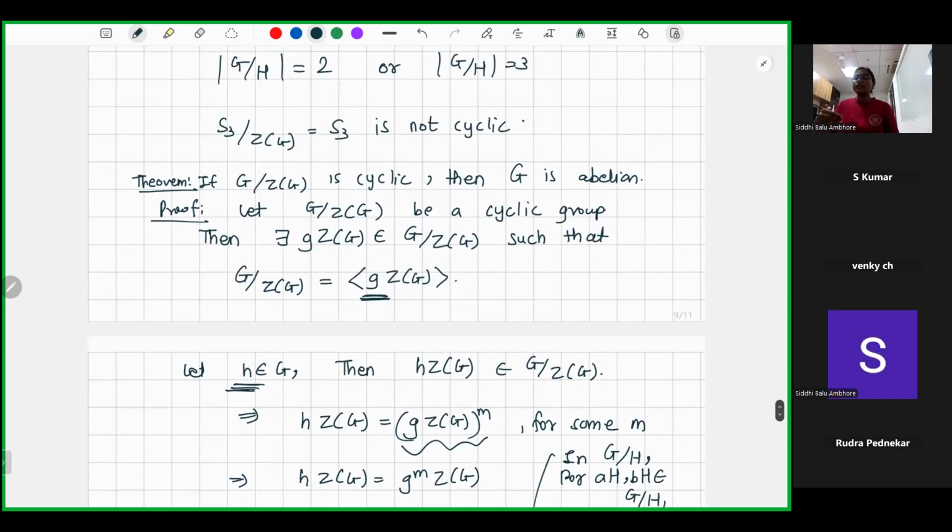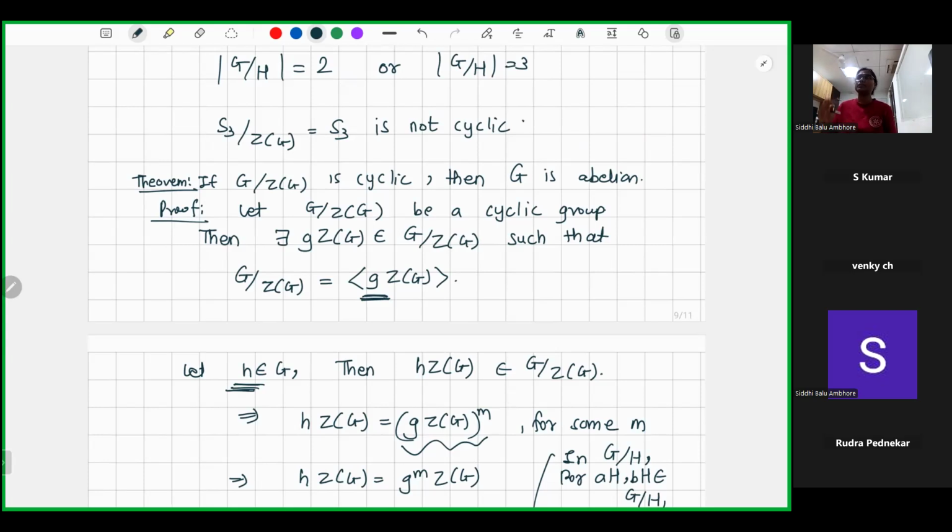Okay. Here we need not even use G being of finite order or anything. Our G by ZG has finite order or nothing related to the order of group G or the order of G mod ZG. We just need the information that G mod ZG is cyclic. That's it. It could be finite, it could be infinite. We do not care.